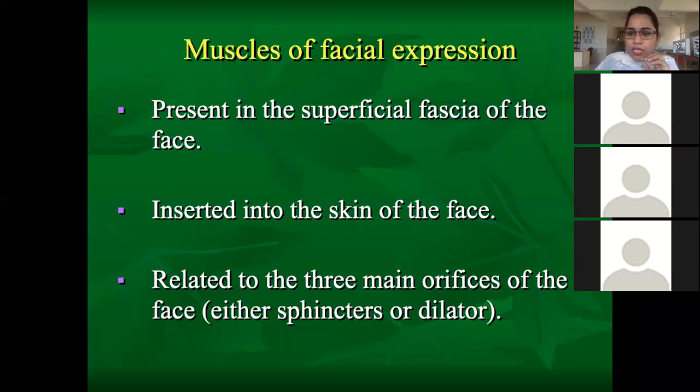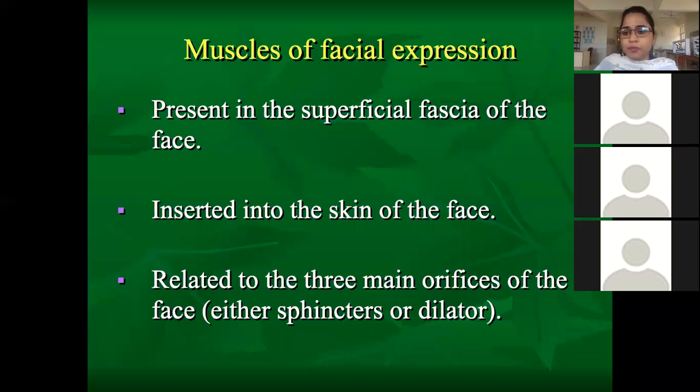So there are orifices and the muscles are concentrated around them. Either they constrict and close the orifice, or they dilate and open the orifice. Clear, everyone? Till here, any doubts?